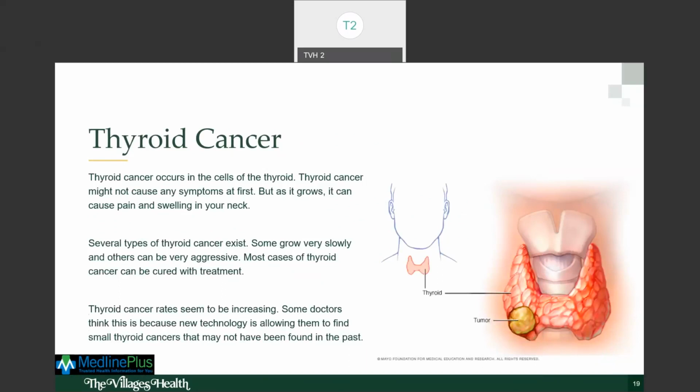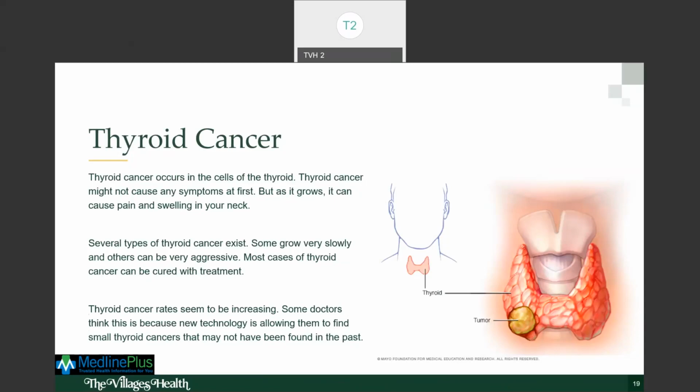Now, you can see in the picture over here on the right, the thyroid gland, that butterfly-shaped gland there, it has a small tumor in the left bottom area. So that's where the cells are. It's developing in the cells, and it will continue to grow, and it can cause the pain and swelling eventually over time.